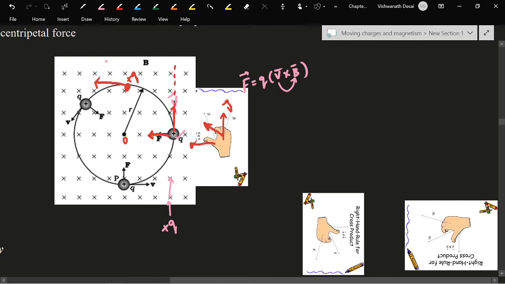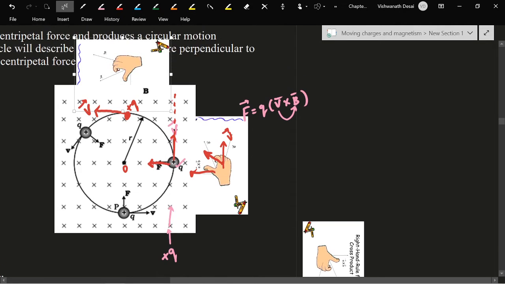Now again I want to apply the right hand rule. This is the direction of V and the direction of B is inward. So now I will bring one more right hand and keep it somewhere here.